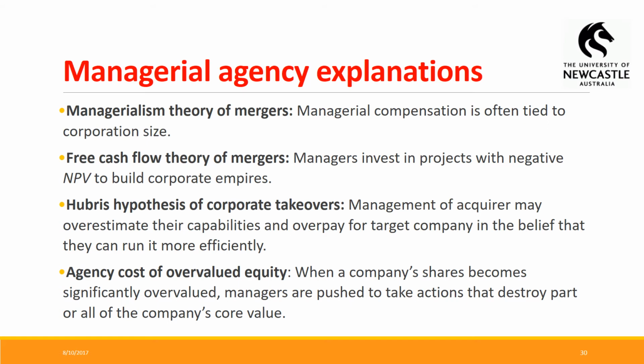So what they can do is pursue short-term value-enhancing actions that might actually hurt the firm in the long term, right? They might buy a lot of companies at the moment. But in the long run, if these companies are not positive NPV projects, the shareholders' value would decrease in the future.